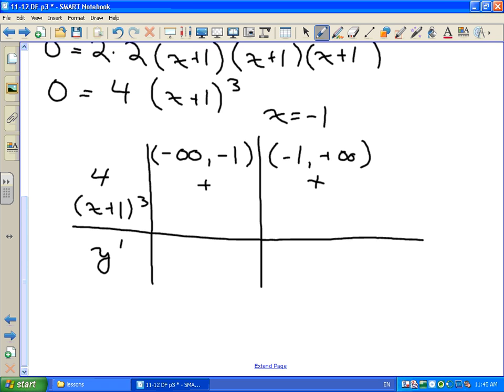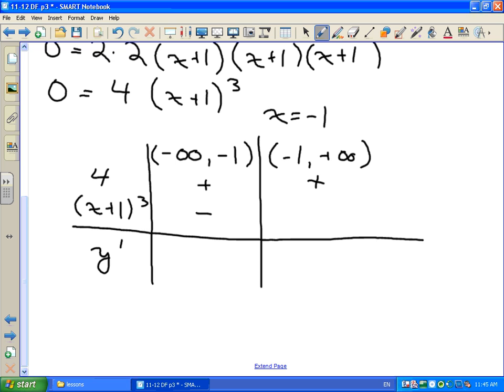And remember, we can always think about subbing in a test value between, if we're looking at this first column, some test value between -infinity and -1, so -3, -100, -1,000,000, anything like that. So it's going to be negative, and then we cube it, it's still negative, exactly. So this is going to be negative.